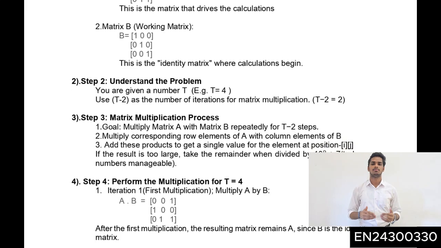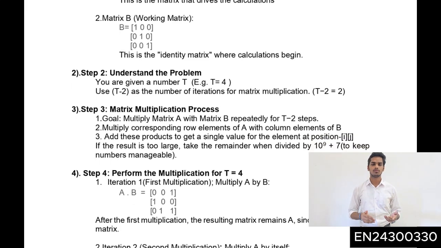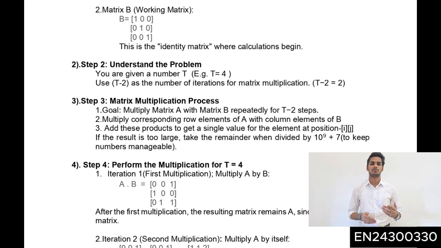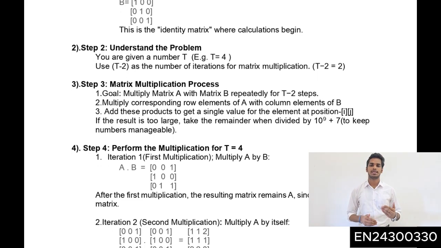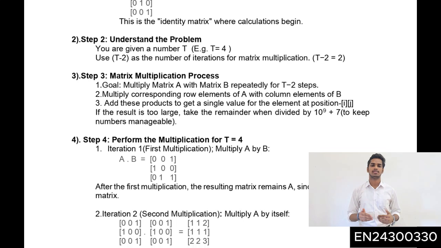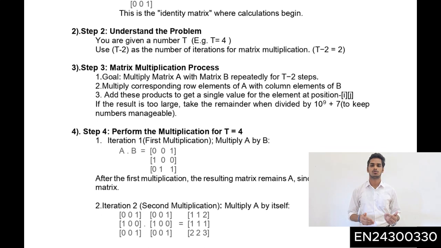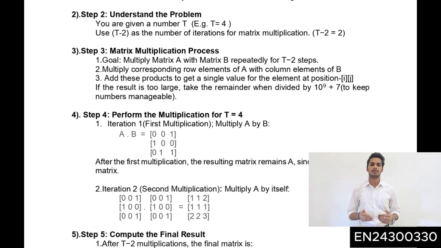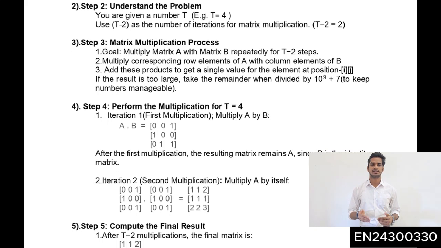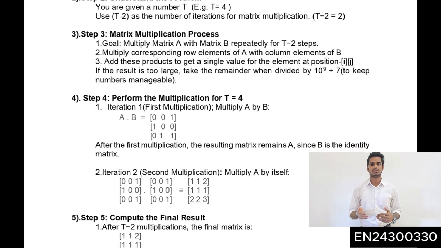It means t minus 2 equals 2. Step 3, let's perform the multiplication for t equals 4. Now we multiply matrix A with B and you can see the result is the same A matrix because B is the identity matrix. It means when you multiply any matrix by the identity matrix, the result is the original matrix.